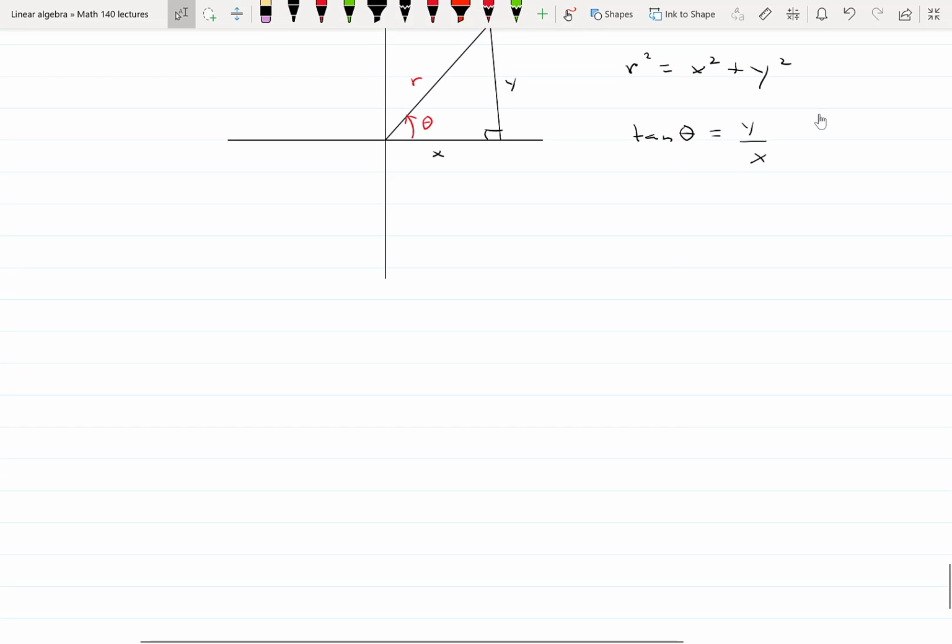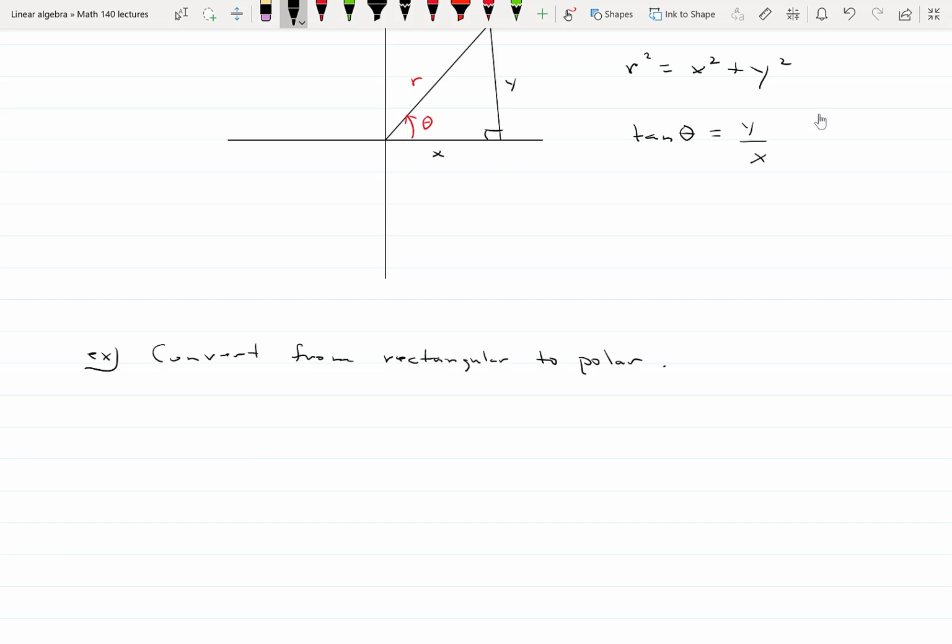Let's solve a problem. Let's convert, for example, from rectangular to polar.